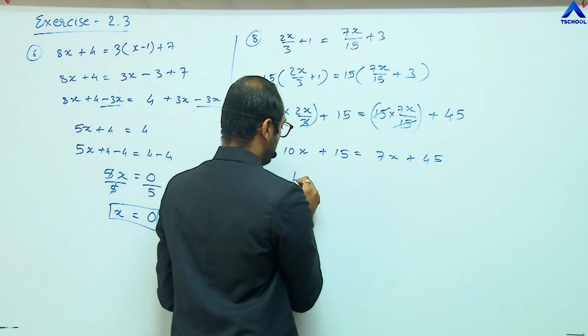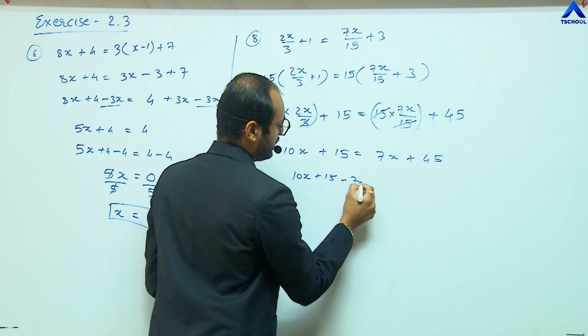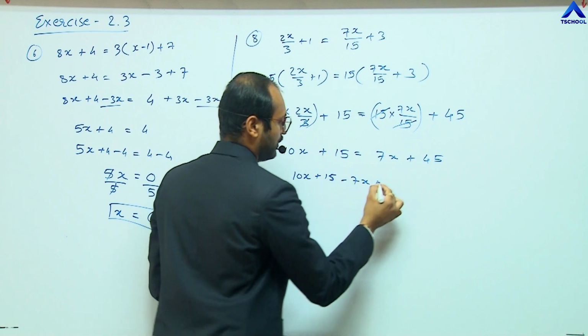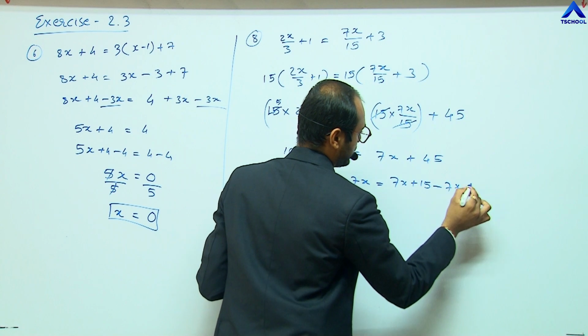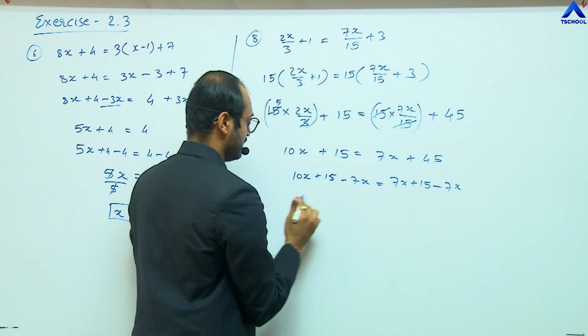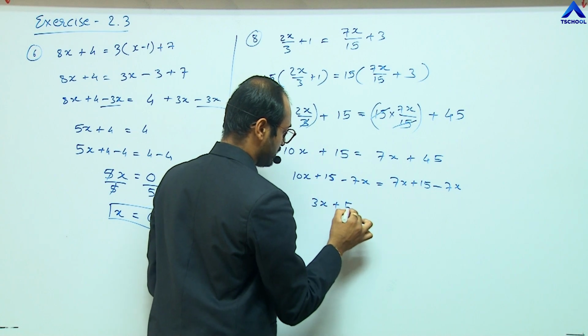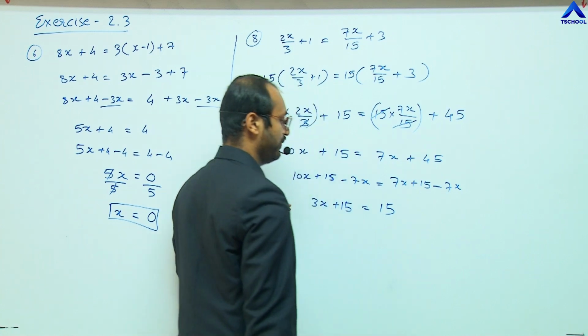So 10x plus 15, let us take minus 7x on both sides equals to 7x plus 45 minus 7x. Here 10x minus 7x means 3x plus 15 equals to, this remaining is 45.